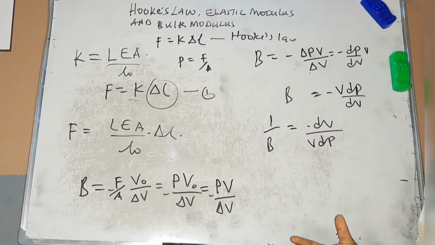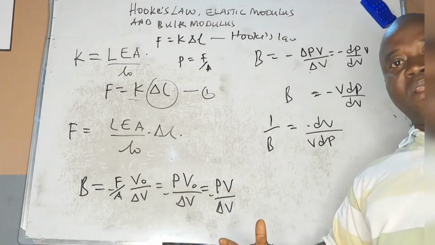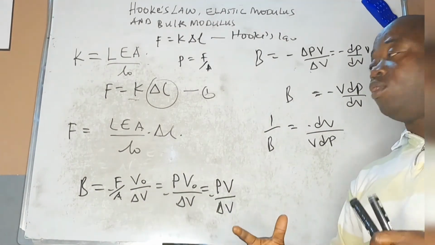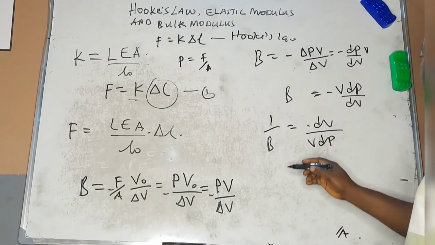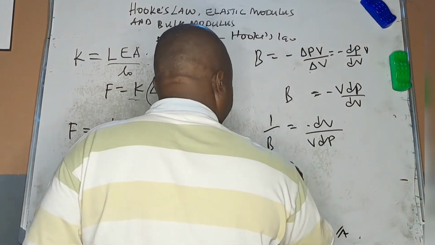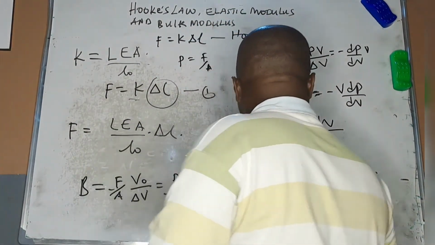Because if you increase the temperature, the molecules of the solid will acquire heat and expand on their own. They will resist the compression. So the temperature is constant, and this is called the compressibility of the material. It's negative.